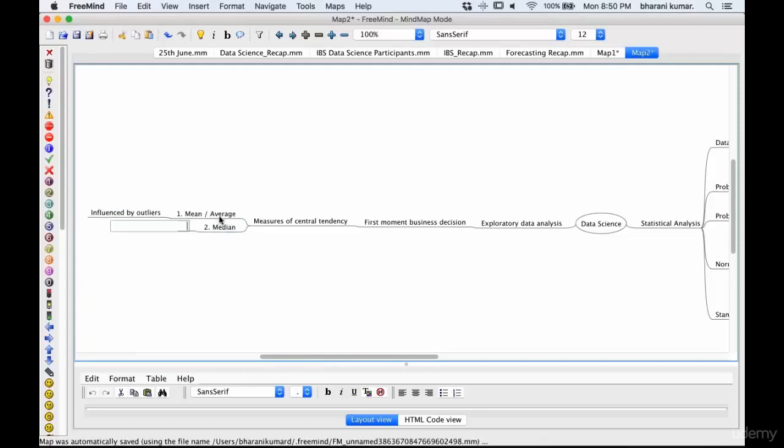Median is by definition the middlemost value of a given data set which is arranged, or sorted rather.